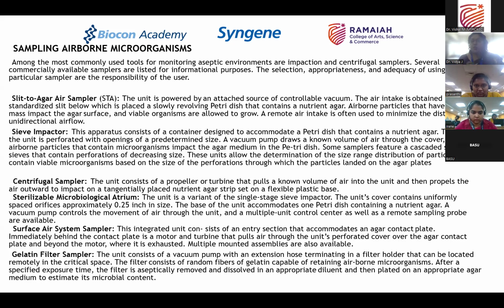So these propellers are present and they pull in the air, and you have nutrient strips placed at the base of the unit. So all the forcefully pulled air, whatever particulates are there, will stick onto the agar strip. So these are some examples of air samplers that you can use.